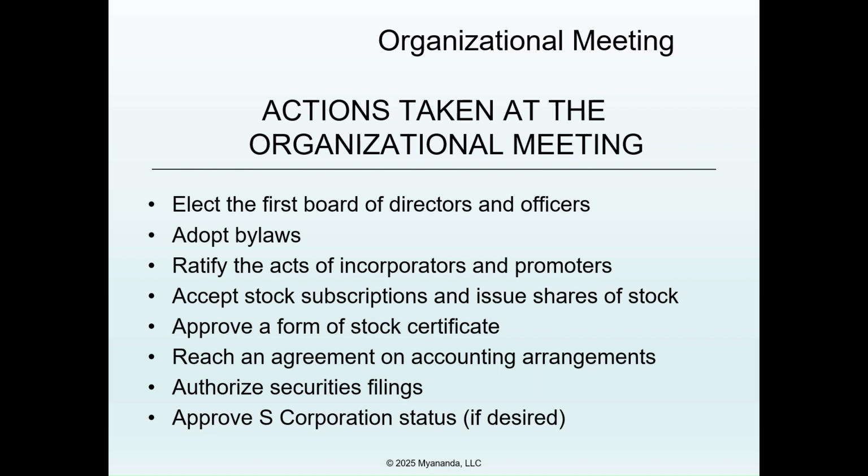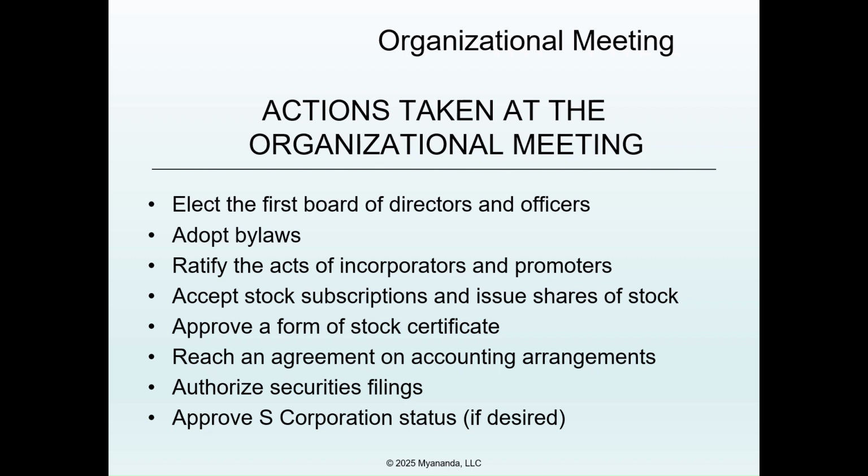And everything that happened by the promoters and incorporators, as we spoke of earlier, becomes ratified and approved. And stock subscriptions are accepted and stock is issued. And officers of the corporation are elected and the bylaws are adopted. What type of accounting method to be used will be approved.